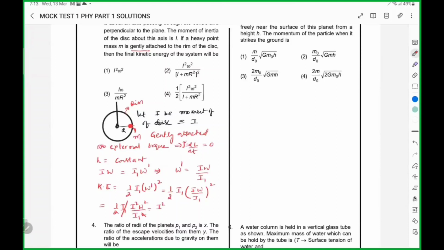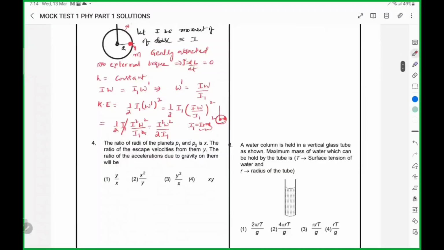So here I1 is nothing but, after placing a heavy point mass at the end, the moment of inertia of a disk through the center of mass, and a small mass located at a distance r. Moment of inertia of the system becomes this, then this will be the answer.